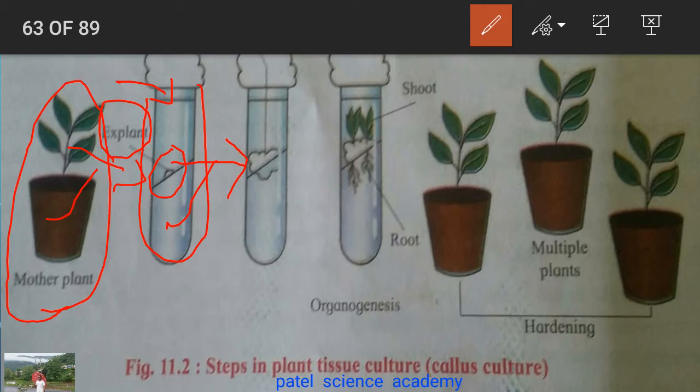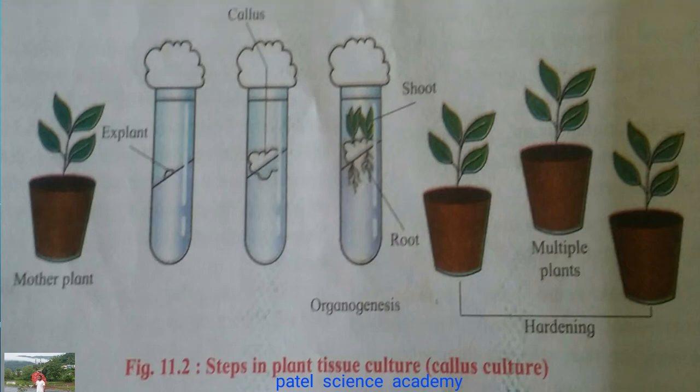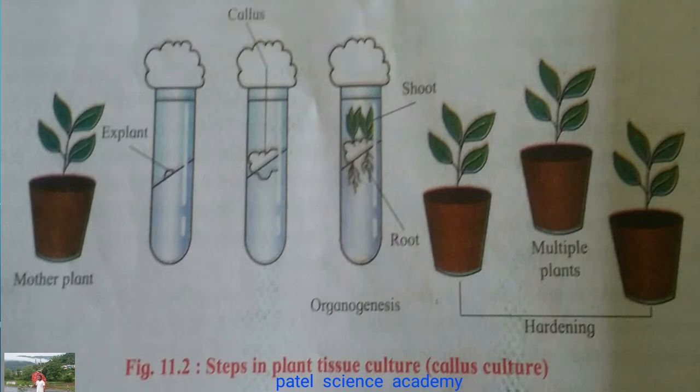Now it is dividing, and you can see here it is going to be converted into this unorganized mass, and this unorganized mass is called callus. You can see here this is that unorganized mass which is not differentiated into a root system and shoot system.